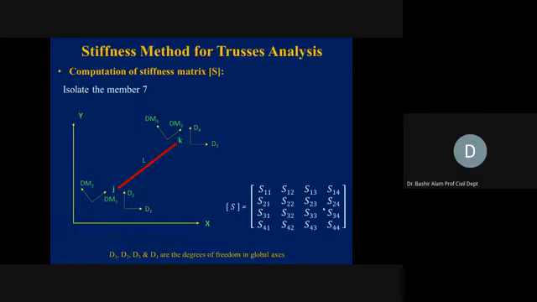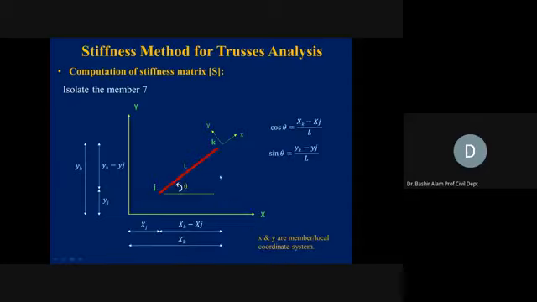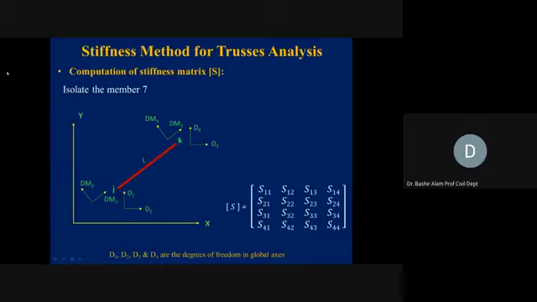Now here we see displacements in the local coordinate system and displacements in the global coordinate system. At joint J, this D1 and D2, which are in the direction of global X and global Y, are the displacements in the global coordinate system, D1, D2, and similarly D3 and D4.